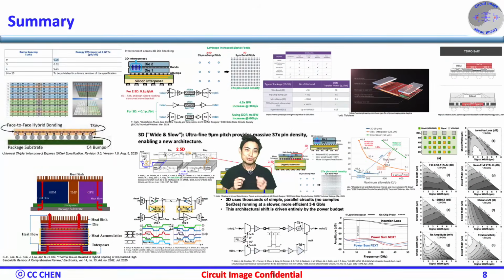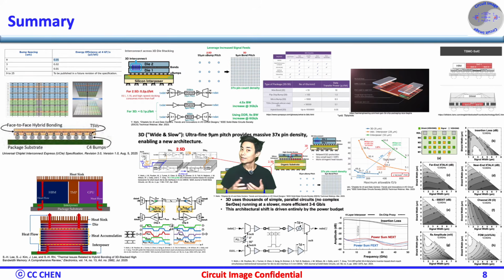Here are the summary images showing you why 3D IC hits a bandwidth density wall. The dream of infinite bandwidth is bounded by a 2 watt per millimeter squared power density budget that forces an architecture split. 2.5D is narrow and fast with a complex SerDes, while 3D is wide and slow with simple parallel links.